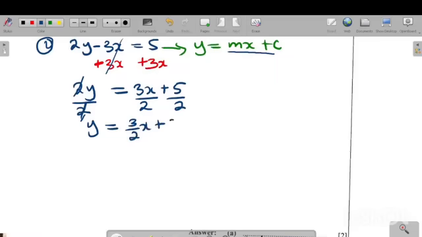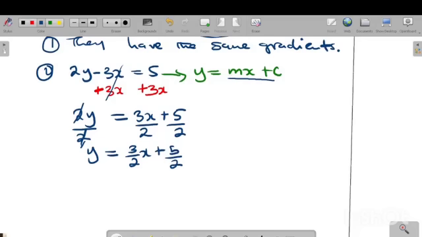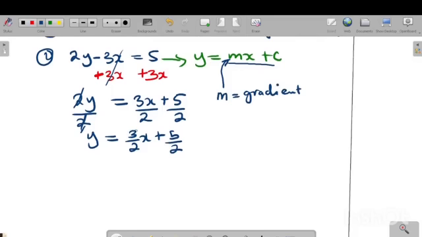plus 5/2. All right. Now, here m is the gradient. So this is the gradient. M is the gradient, meaning here the coefficient of x is the gradient.